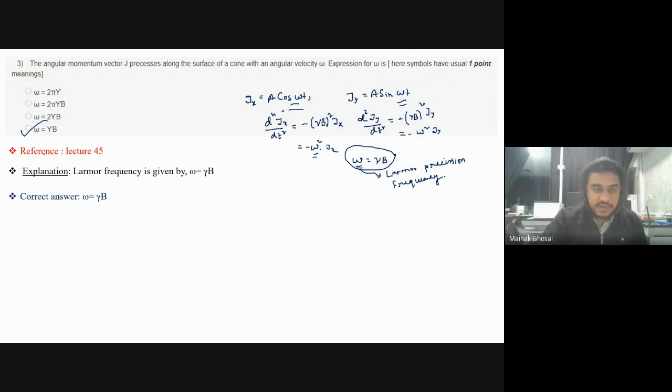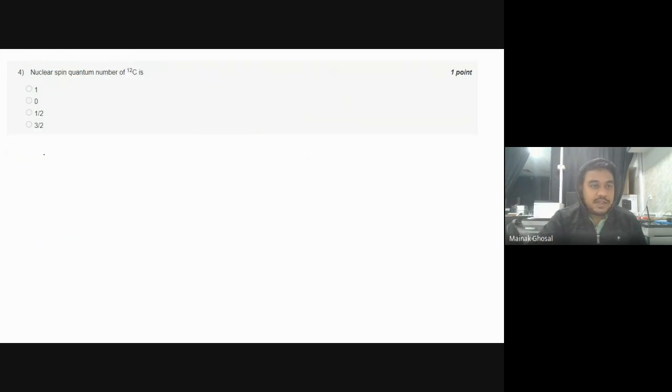So next question I'm moving to. Now the nuclear spin quantum number of 12C. This was also discussed in lecture number 46. For carbon 12C, you have to find I. I'm going step by step so you can understand that.